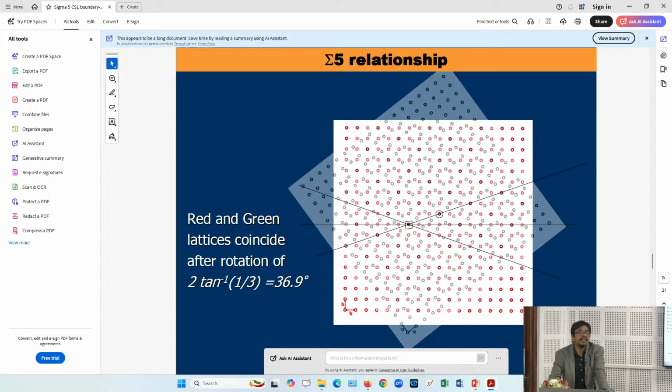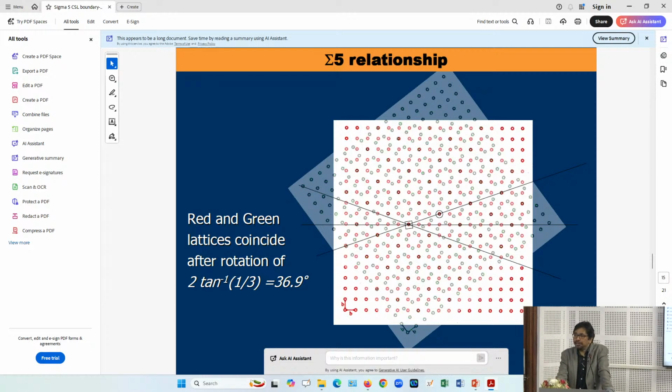So typically one can expect that if you have a higher periodicity, meaning a lower CSL number, then you will have fewer broken bonds. Fewer broken bonds means what? More stable, lower energy, and we can expect this kind of boundary will give you better resistance against interfacial degradation phenomena.